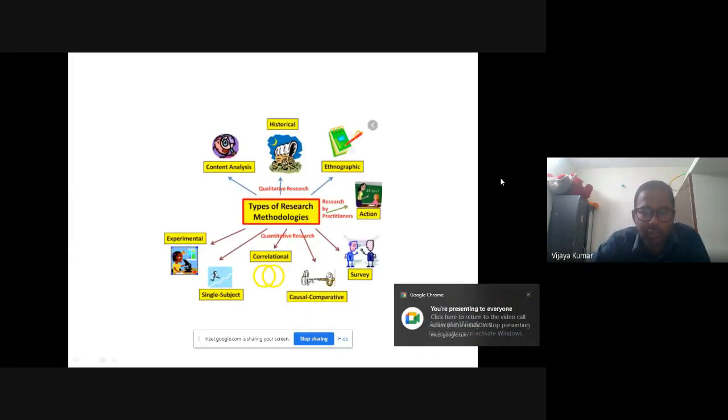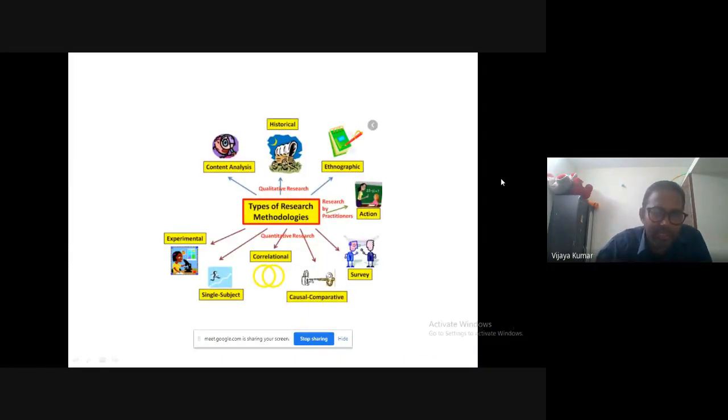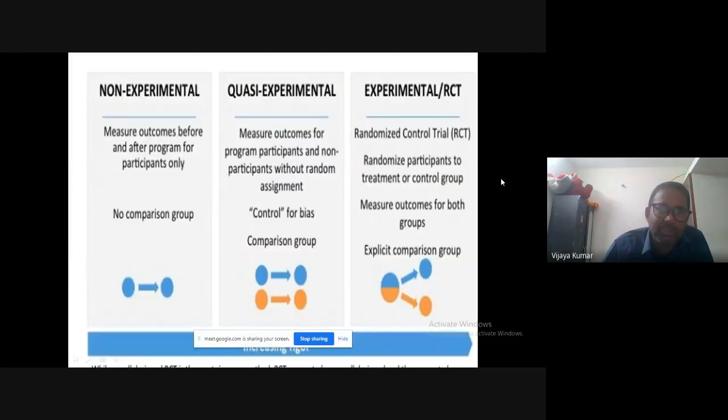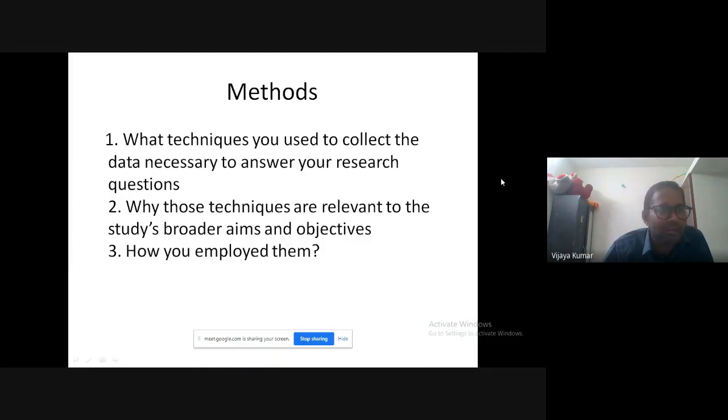So we were discussing different kinds of research methodologies, and we are now moving on to a specific experimental methodology, what we call intervention research. So your method section fundamentally answers these three questions. What techniques have you used to collect the data necessary to answer your research questions?